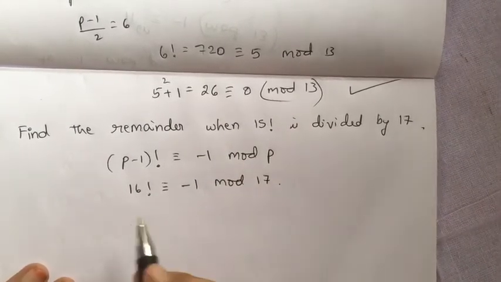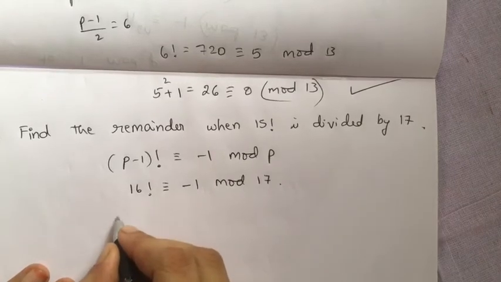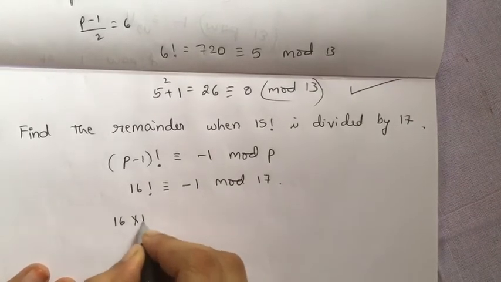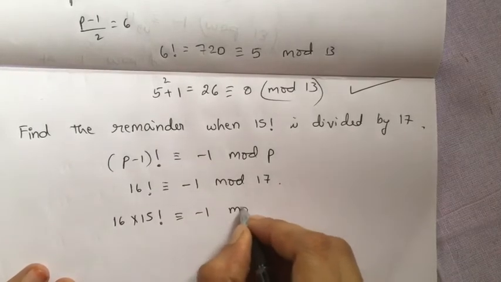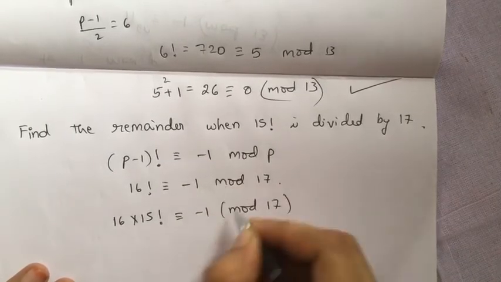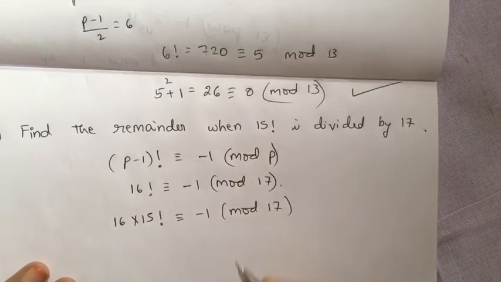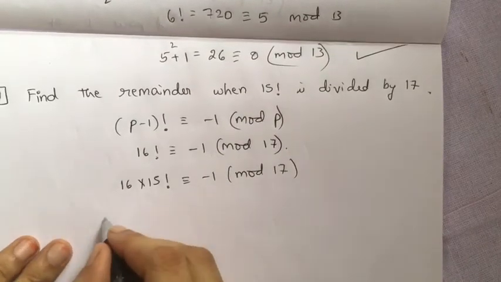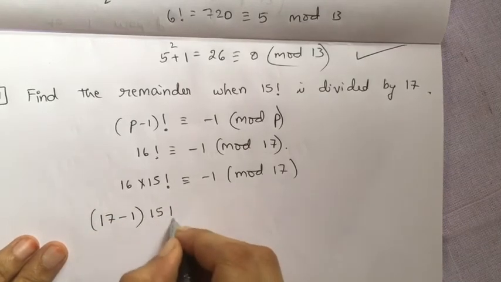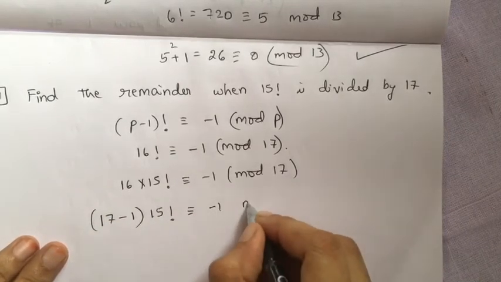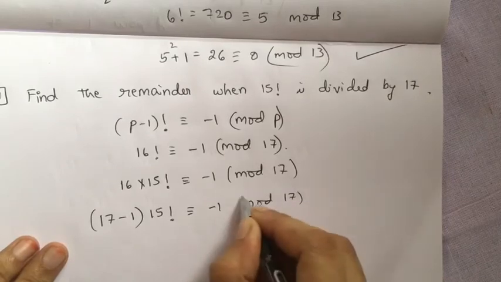Now this 16 factorial, I can write as 16 into 15 factorial, which is congruent to minus 1 mod 17. Now this 16 again I can write as 17 minus 1, into 15 factorial, which is congruent to minus 1 mod 17.